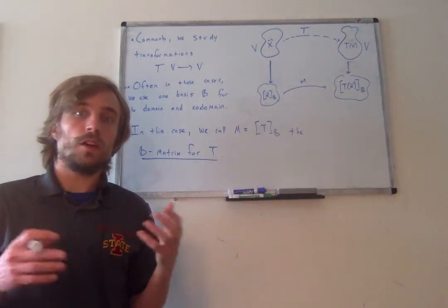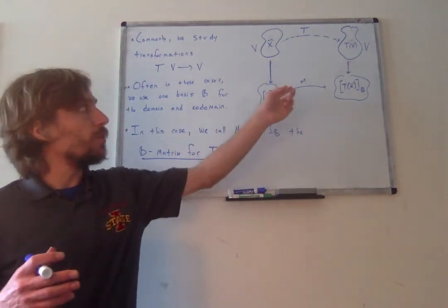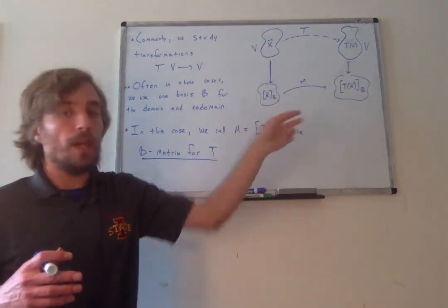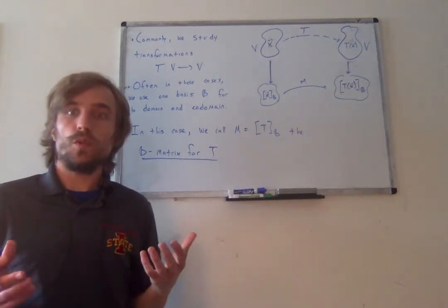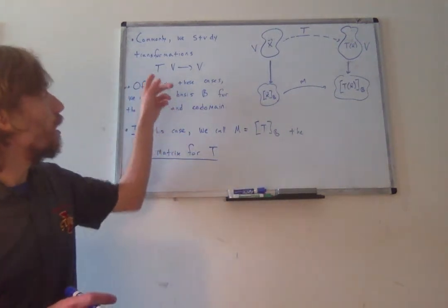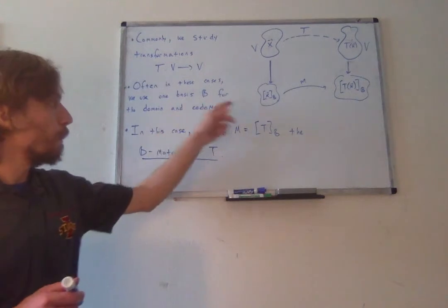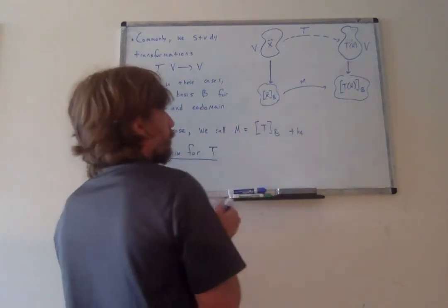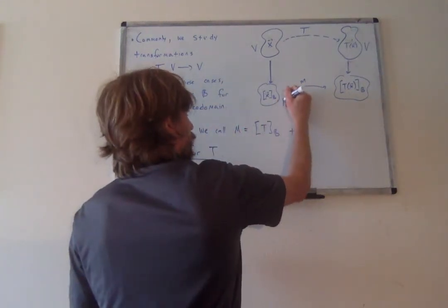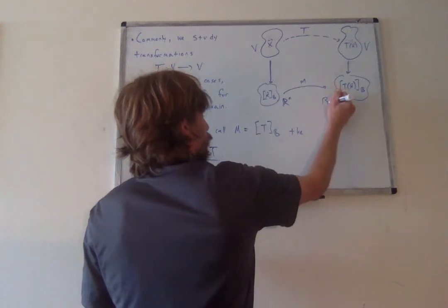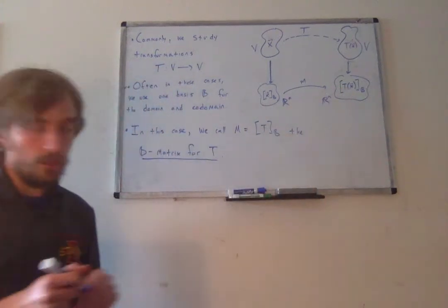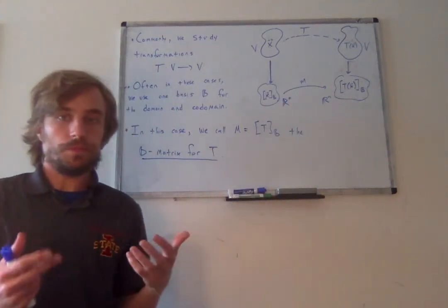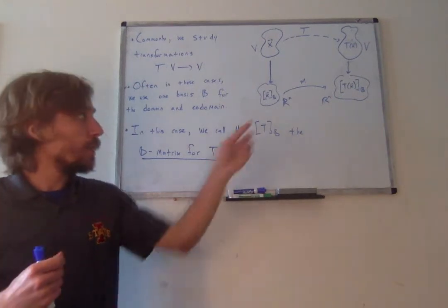If you're relating these to Rn, Rm transformations, here M, this matrix that's mapping their coordinate vectors, would be a square matrix. Because if B was n-dimensional, then each of these would be Rn. Each of these coordinate vectors is represented under the same basis, so it is the same dimension.